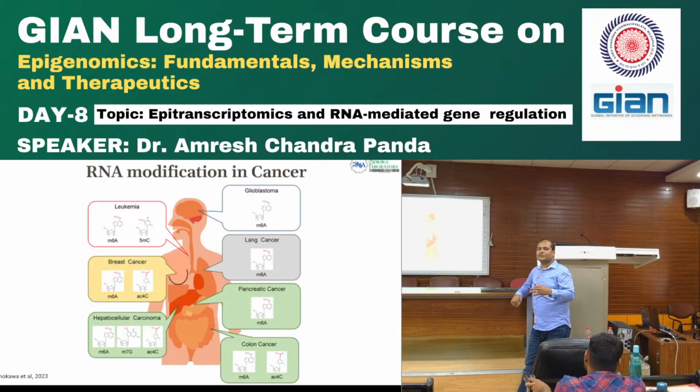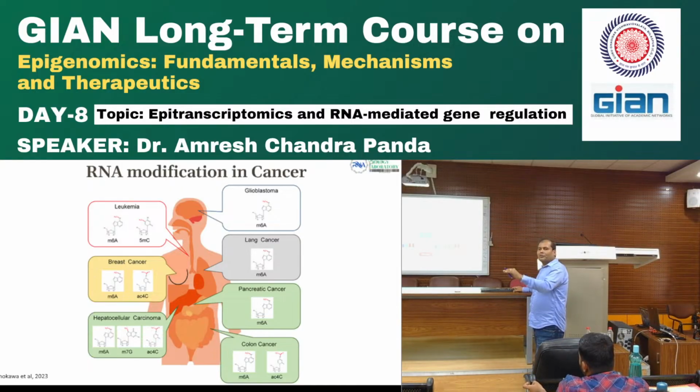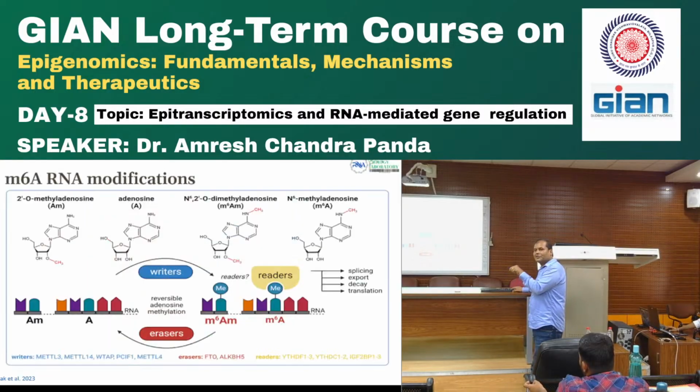For other modifications, we don't have the reagents to study them, so you don't see their implications in diseases or any of the cell physiology. Mostly, as I said, in all papers you will see M6A, because it is heavily studied because of the antibody, and 2-O-methyl is also very well studied.